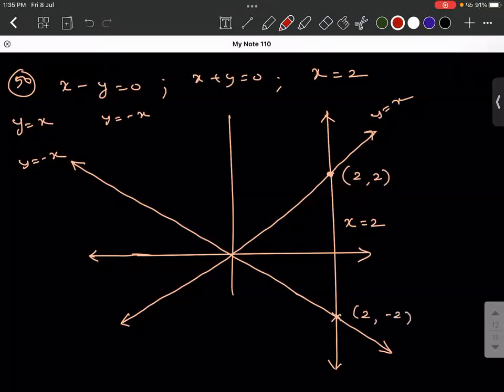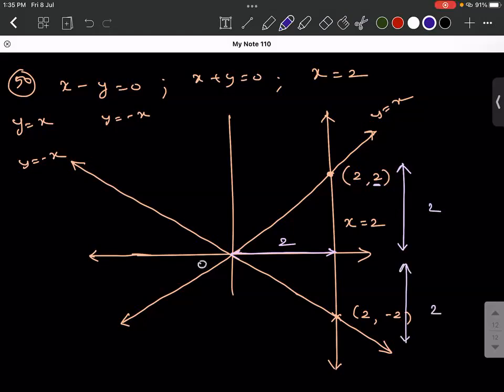Okay. How much is this distance? I'll mark in blue color. How much is this distance? 2 units. How much is this height? 2. How much is this height? So what is the total height?